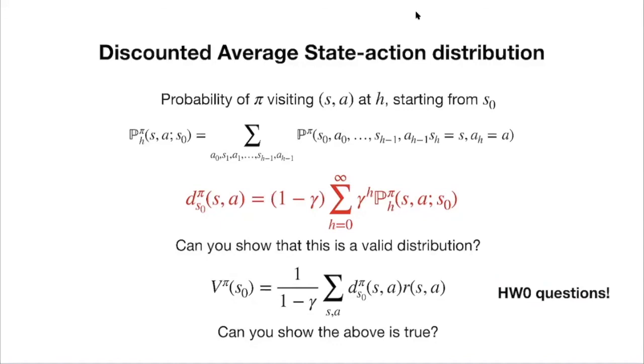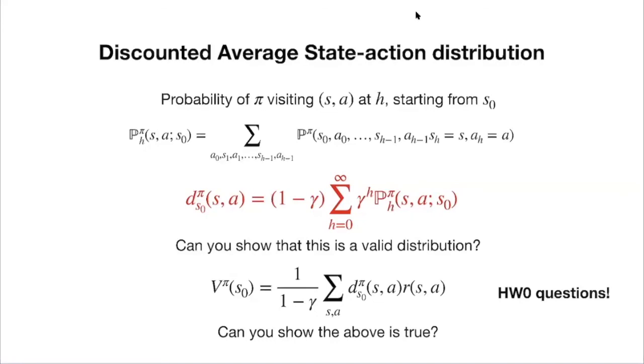So wait, Professor, what is d pi S0 supposed to show? What distribution does it represent? Yeah, so first of all, it's a valid distribution, right? That's why I can take expectation. And the reason we use the discount factor is that it allows us to express, for instance, this value function just using this distribution.